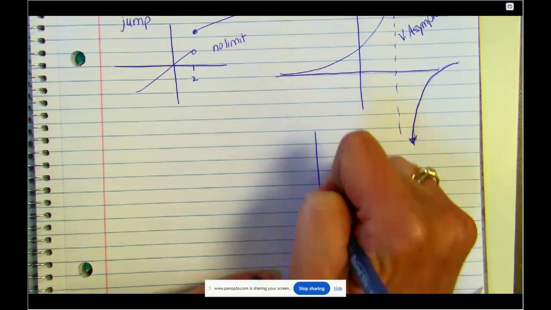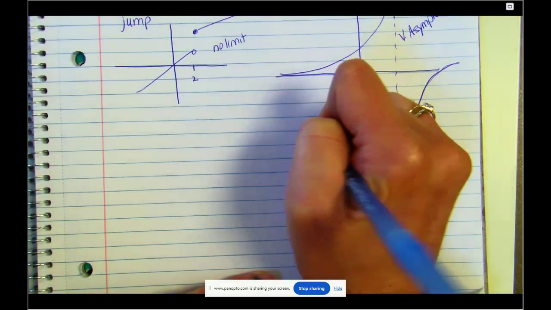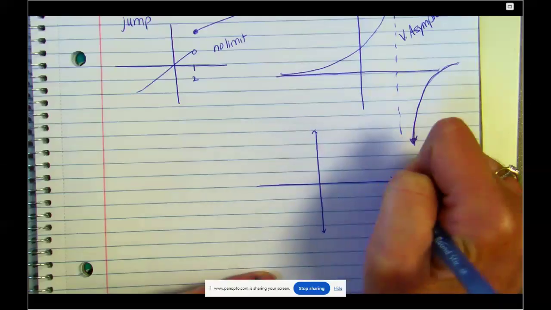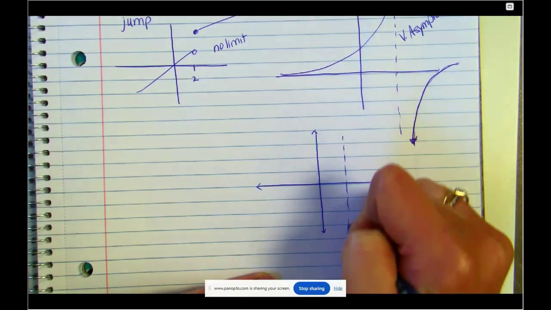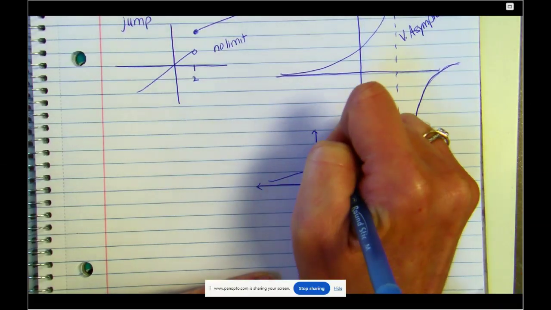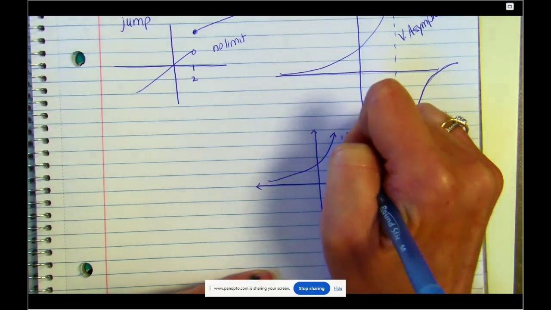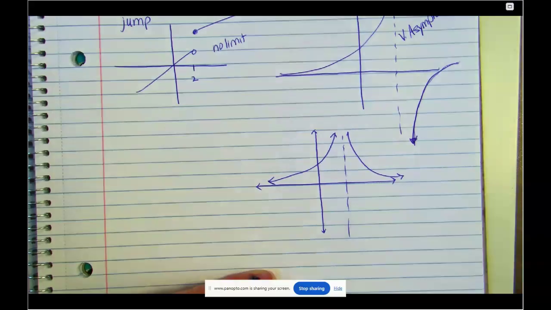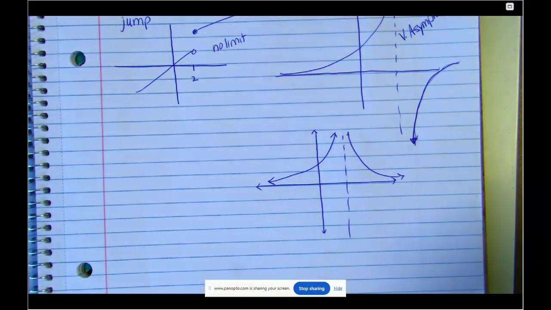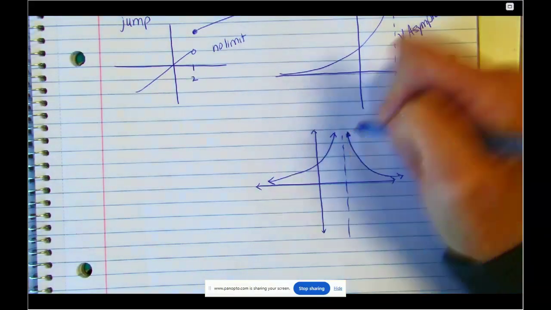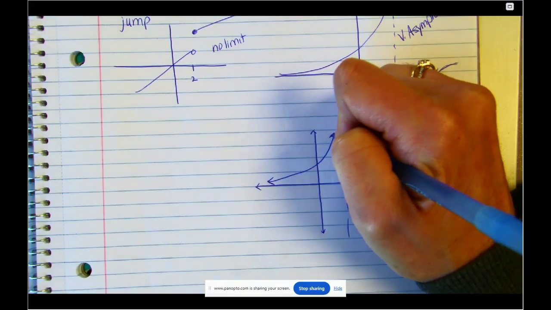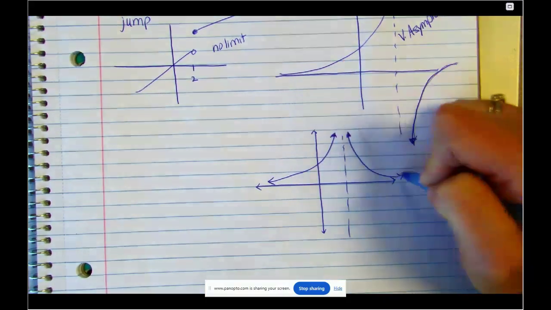I just want to ask you this question, and then I'll be done. Let's say this is the asymptote and they both go up. I want you to listen carefully to the question.